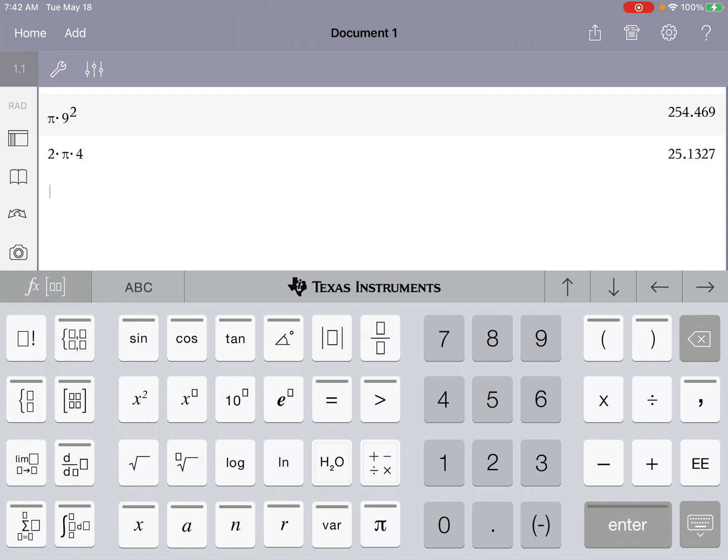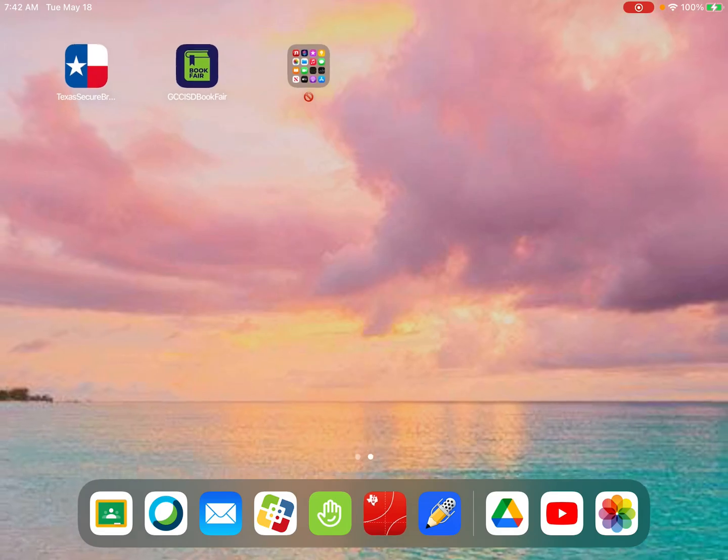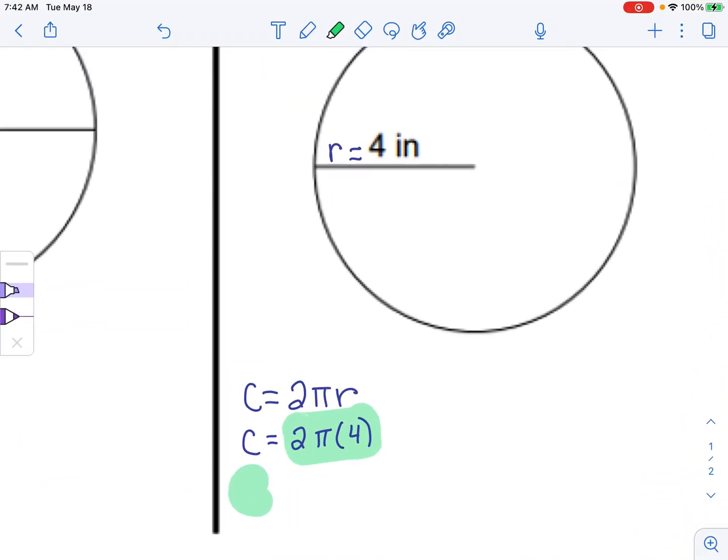I get 25.13. The 3 tells me the 1 stays the same, so 25.1. And it's inches. I do want to show you that if we use the other formula, we'll get the same.